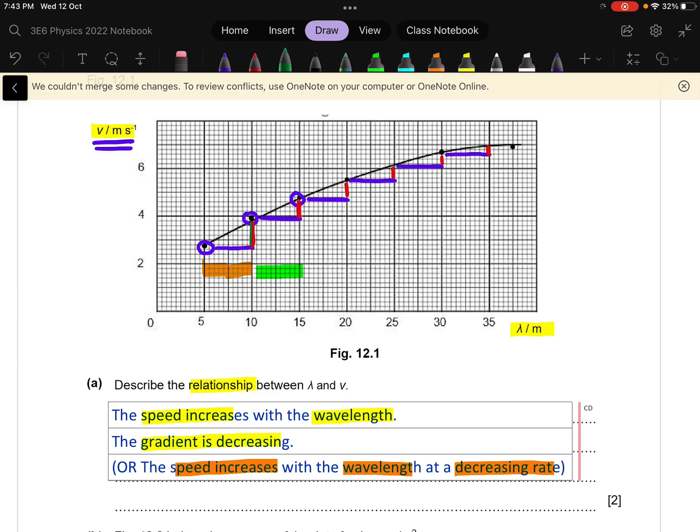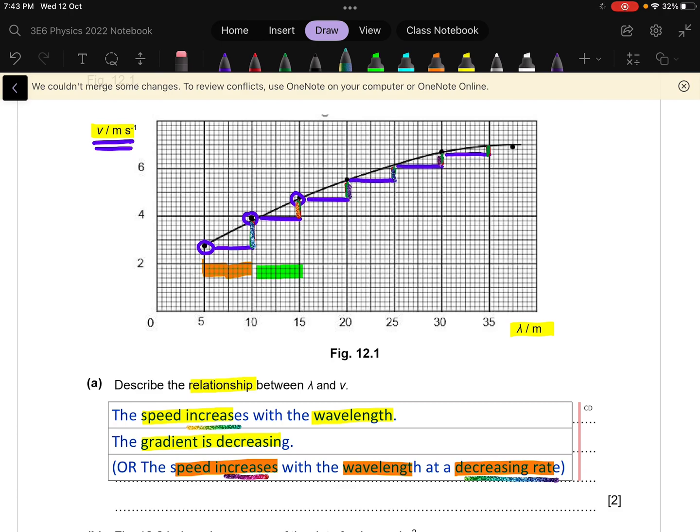So the increase here is getting lesser and lesser. We say that the increase is at a decreasing rate. But ultimately the speed still increases. It's just that each increase is getting less.